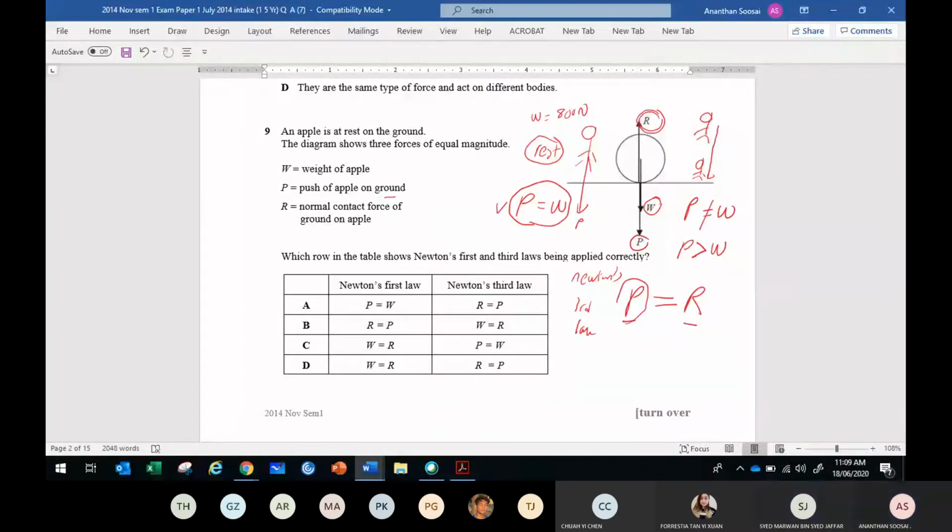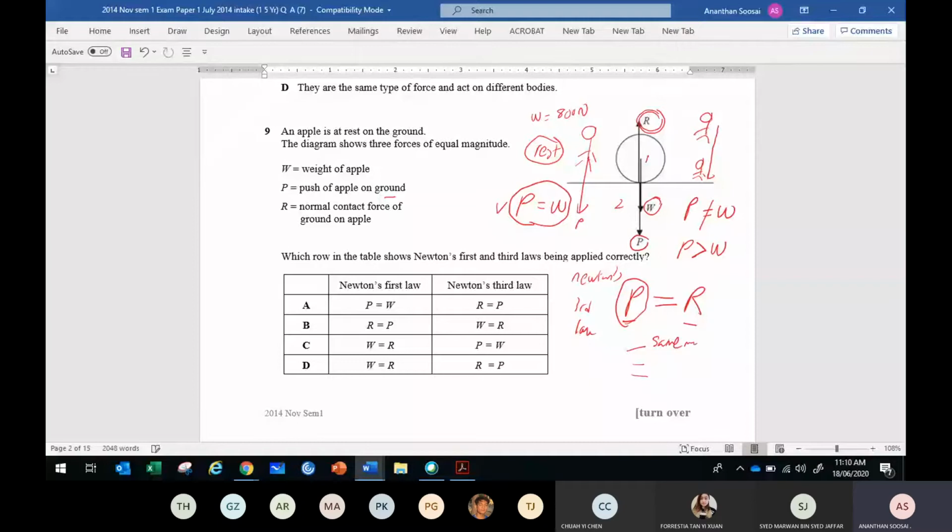P is the force exerted by object 1 on 2, the action. The reaction is R, the force exerted by 2 on 1. So P and R are definitely an action-reaction pair. If it's an action-reaction pair, it must have some features. What are the features? It must be the same magnitude.